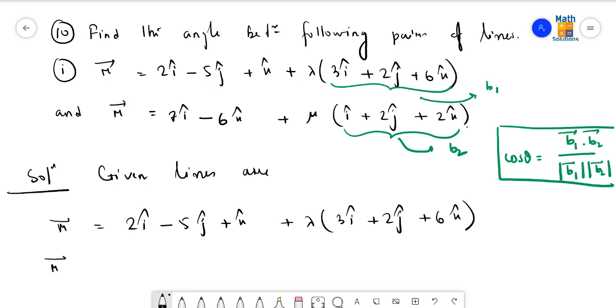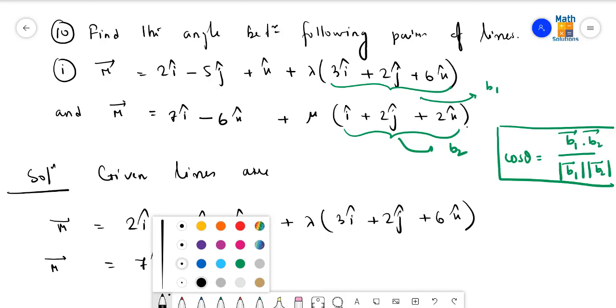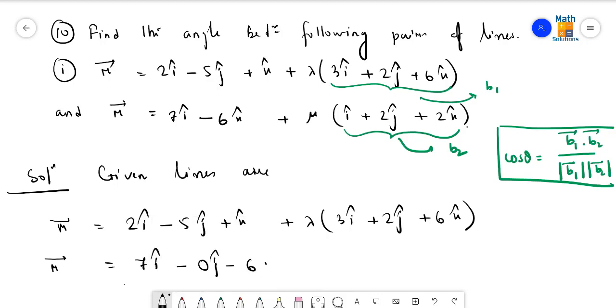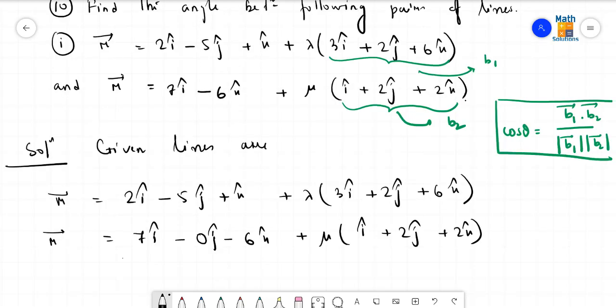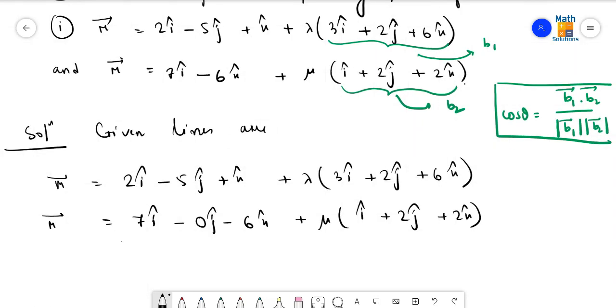Then after, the other one is 7 i cap minus 0 j cap, because the j cap part is not here, so we write 0 j cap, then minus 6 k cap, then plus mu times (i cap plus 2 j cap plus 2 k cap). So from both these two things, what can we write here? b1 and b2.